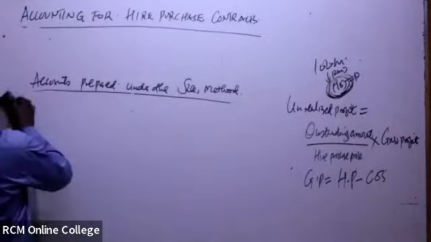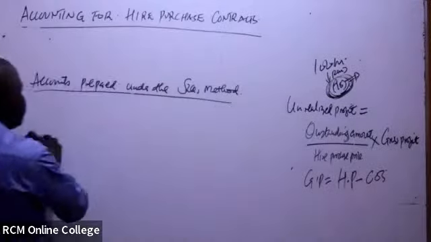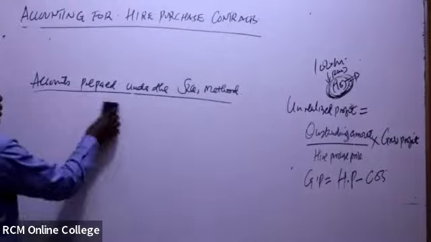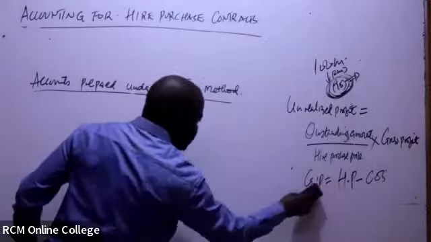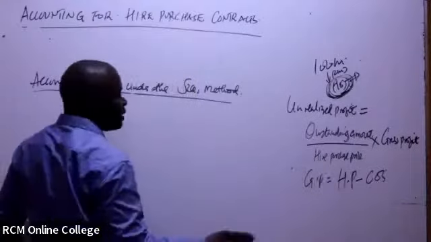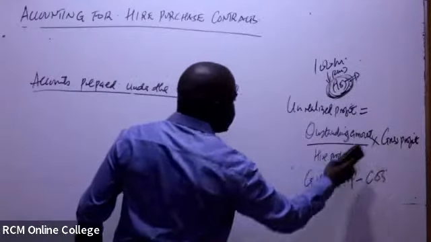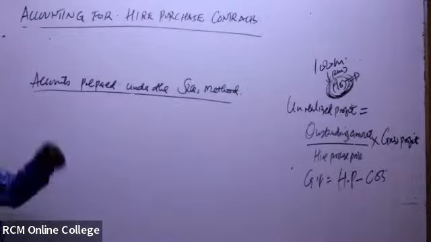But now he has returned the goods, so there is profit not realized, so you must eliminate it. Remember, when you are coming up with the full income statement for the entire business, you had recognized this hire purchase price. That profit is already included here, but you haven't realized it, so you have to eliminate it in the income statement.